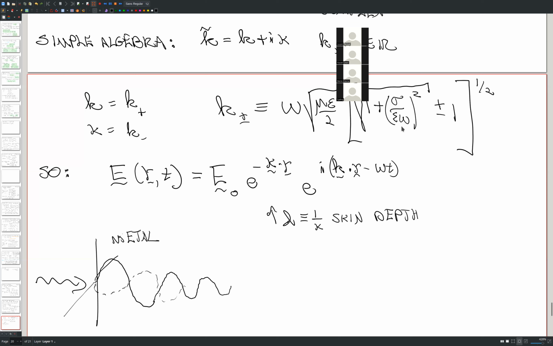So for example, if you go to some very high frequency here, then you need to expand this square root, get a 1 over square, but then you've got a -1 here. So then the omega dependence essentially stops showing up in this when omega is very much larger than sigma. But then the sigma itself also gets complicated, because due to the physics of your conductor, sigma itself should also have an omega dependence.